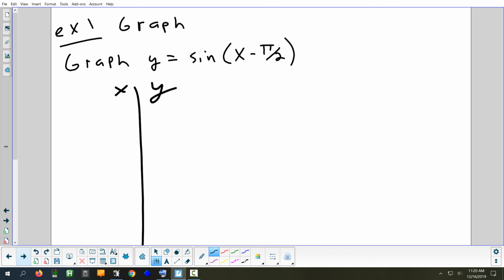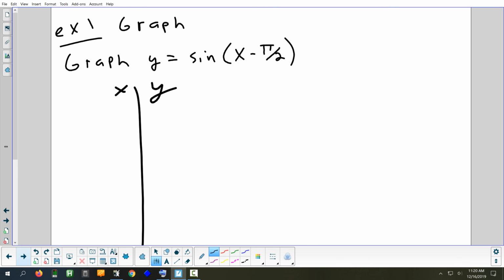Okay, first thing we can do, the quickest thing, is just fill in the column that stays the same. Someone remind me, which column is unaffected by a phase shift? Unaffected. Not going to change at all. The Y's.